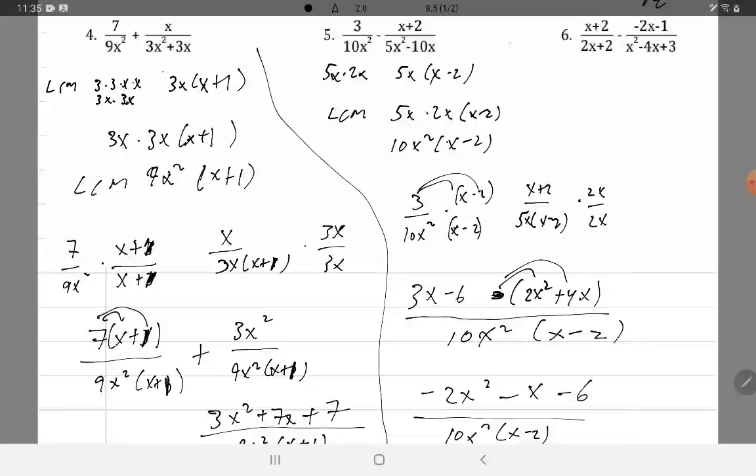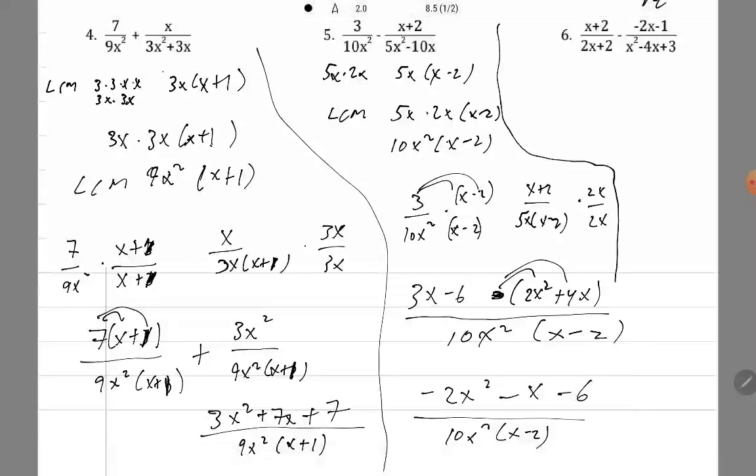Let's see if I have enough space for number 6. So I'm just going to tell you now the lowest common multiple is 2x plus 1.